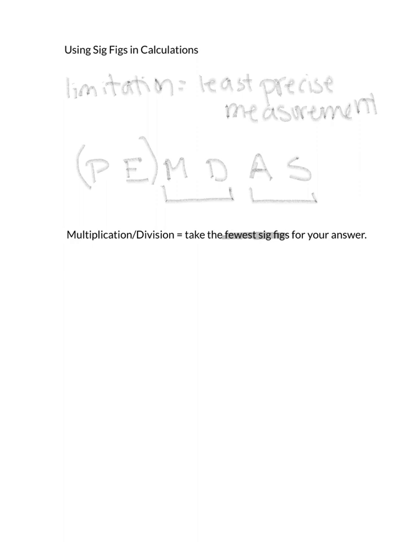So let's imagine that we're multiplying 4.5 meters times 0.03060 meters times 0.391 meters. You could imagine doing this, say you took three different measurements of an object's length, width, and height, and maybe you are now calculating volume.